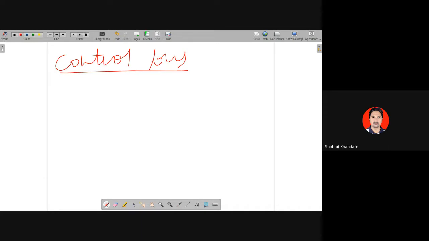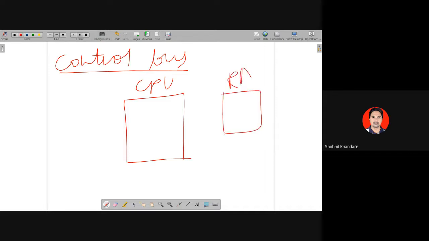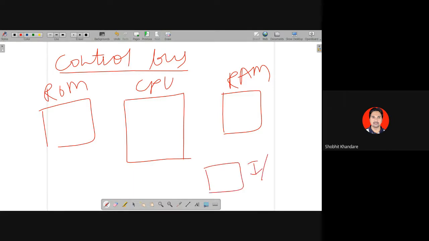Now to explain about the control bus, let me draw it again. This is your CPU. Then in the microprocessor block diagram, we have seen there is a separate RAM, a separate ROM, and separate IO devices, or you can say IO port.